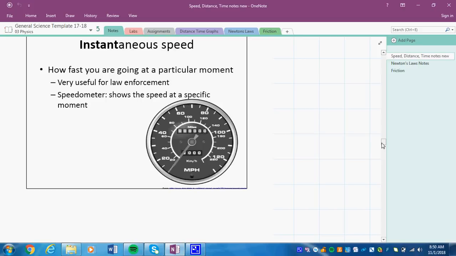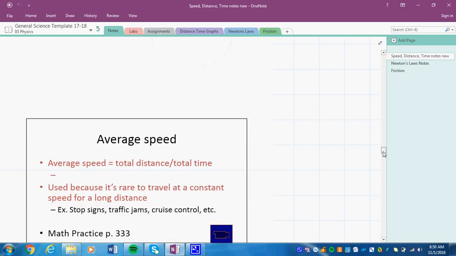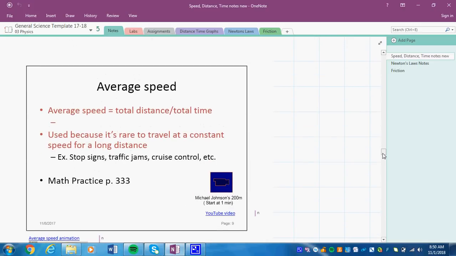Basically, what do they do? They shoot a beam. It takes the instantaneous speed at that moment at the car, reflects the beam back to the squad car, and then they figure out how fast you're going by the calculation. If we take average speed, we're looking at the total distance divided by the total time. So how long did it take you to go X distance?